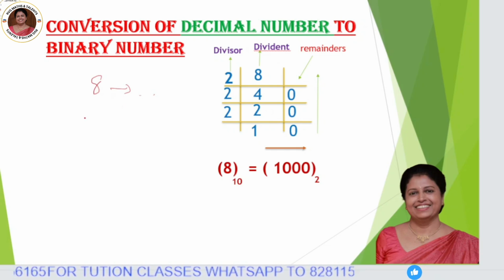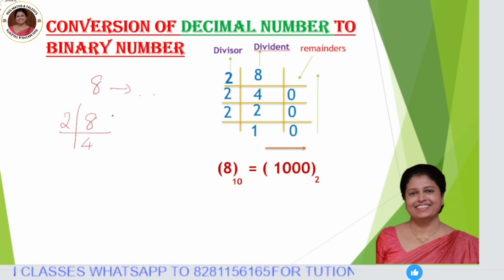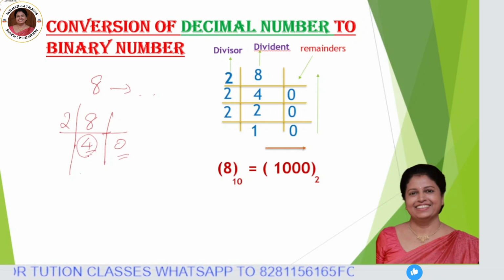For that, first we divide this 8 by 2. Then we get a quotient 4 and the remainder is 0. So we note down the quotient here and the remainder here. Like that we continue. Next we divide this quotient 4 by 2.